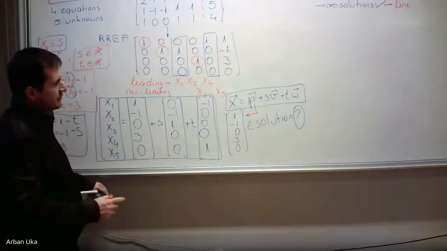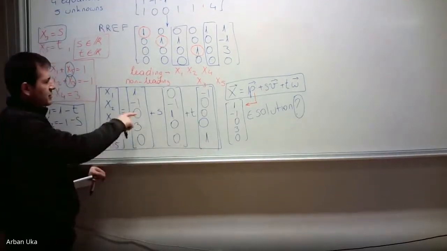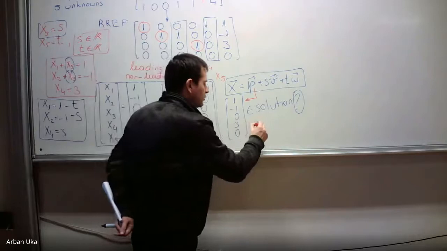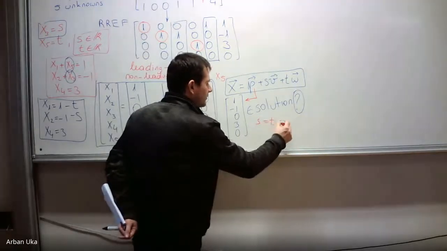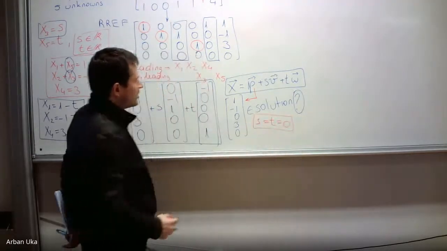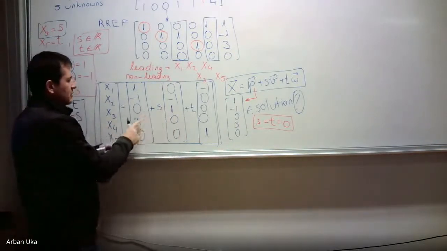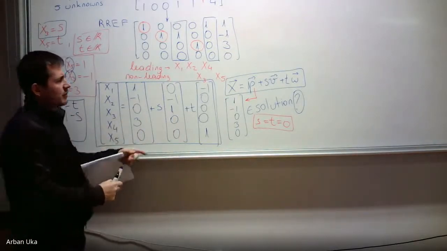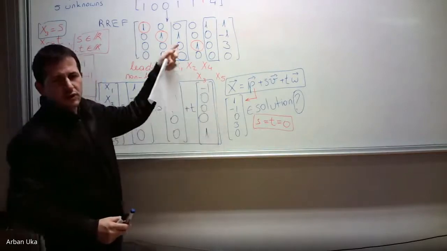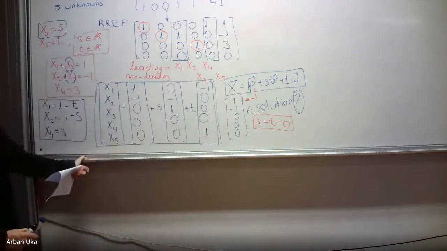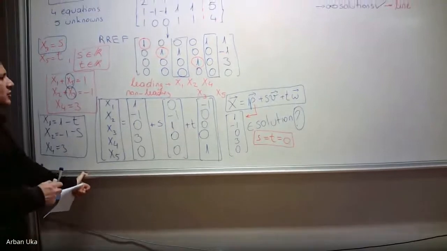If you look carefully, this vector is the solution for s equal to t equal to 0. So if we set s equal to 0 and t equal to 0, this is what we get. Okay, so most probably this should be a solution of the equation which is initially offered over there at the top.